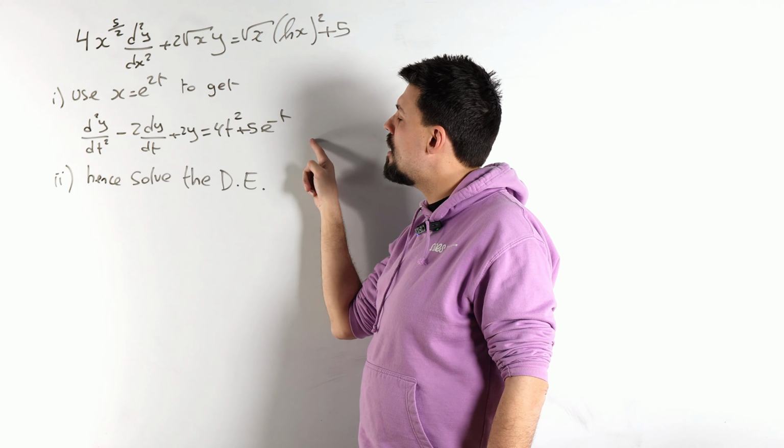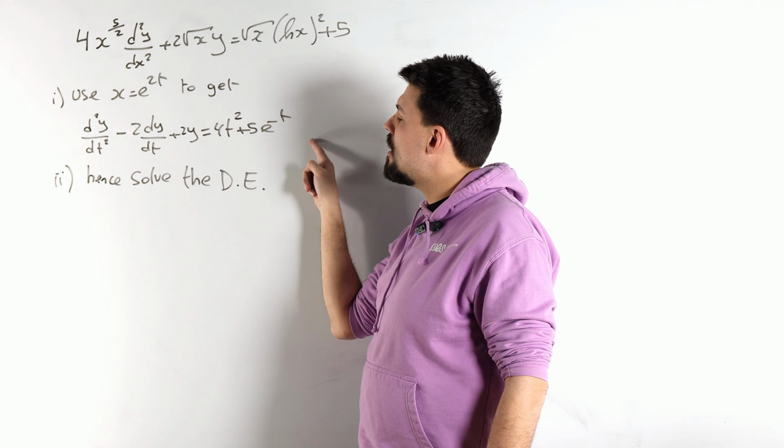Now root x will be e to the t, y, actually that's just there. And again here, root x is e to the t. ln x is 2t plus 5. Might be a bit of glare over on that side. We'll try and bring it back down over here.